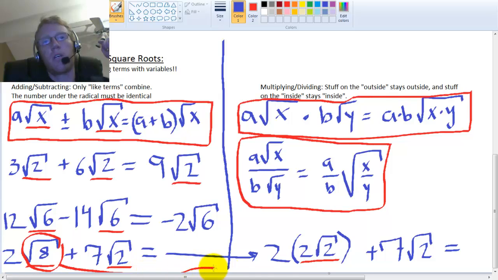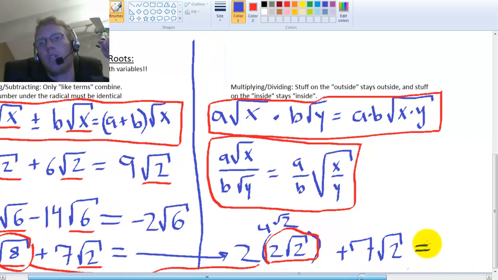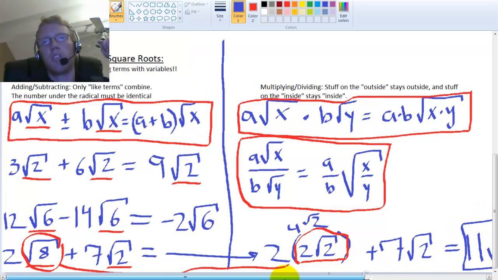So this right here equals this right here. Okay, what's 2 times 2 root 2? We haven't gotten to this yet because it's in the next part, but I'll just tell you right now. 2 times 2 is 4, so it's 4 root 2. So this right here is 4 root 2, and I'm adding to it 7 root 2, so 4 root 2 plus 7 root 2 is, wait for it, 11 root 2. So I apologize that I got slightly ahead of myself there, but at least I hope this first part made sense.